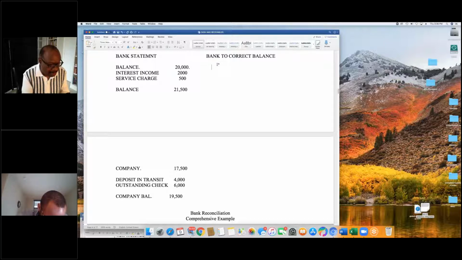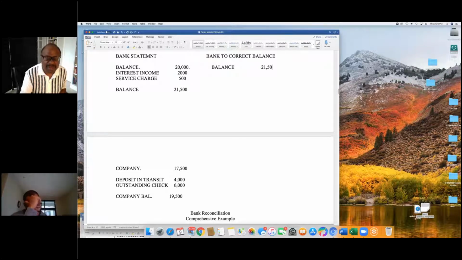We will start off with that balance for the bank, which is 21.5, okay? The bank has to pick up the deposit in transit. It doesn't have this deposit.